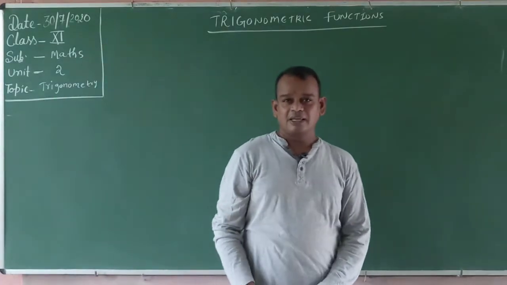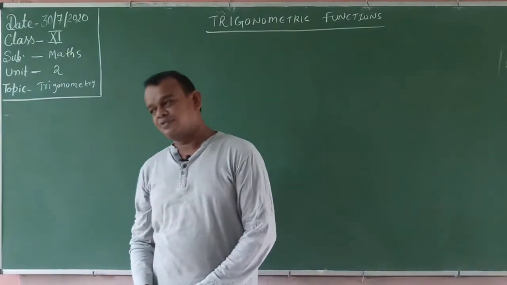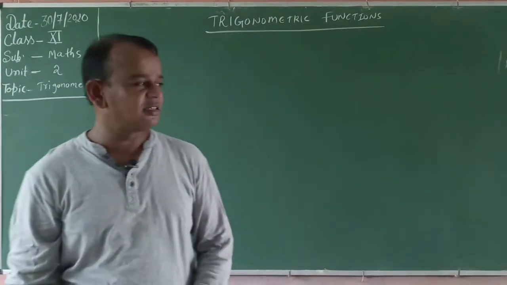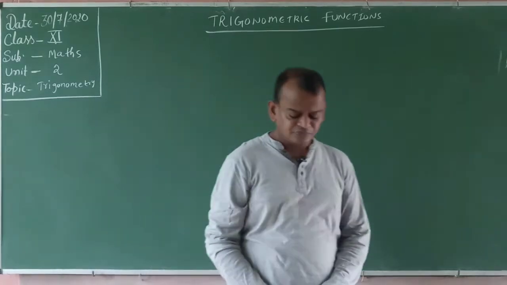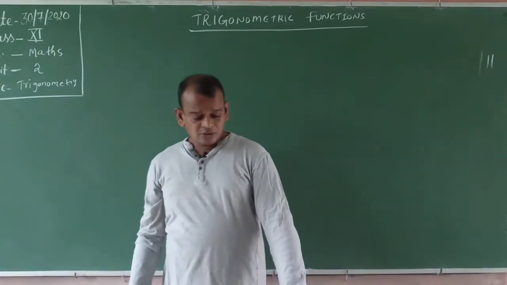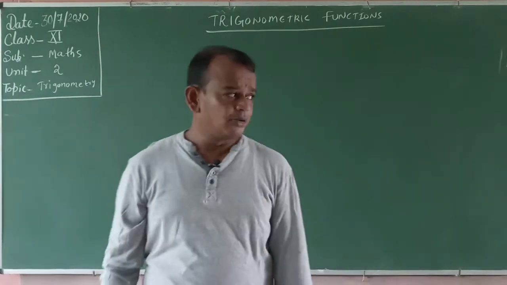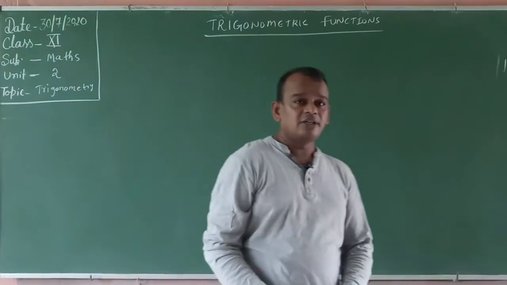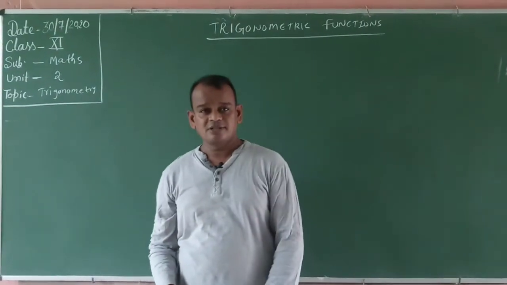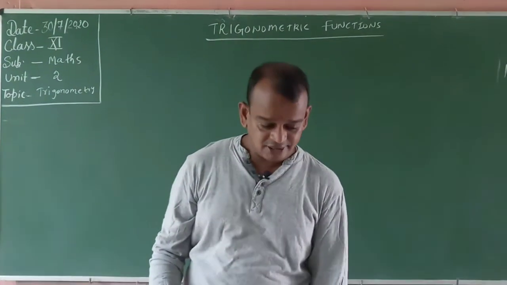Before class we discussed the trigonometric values from 0 to 90 degrees and after that the quadrant angles, meaning 180, 270, 360 degrees. Today I will discuss the sign of the trigonometric functions and allied angles.